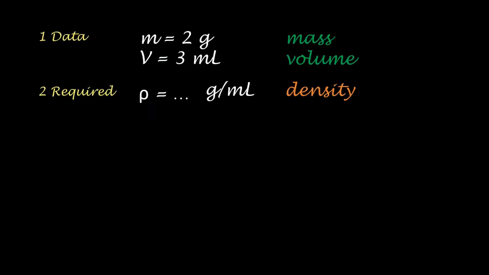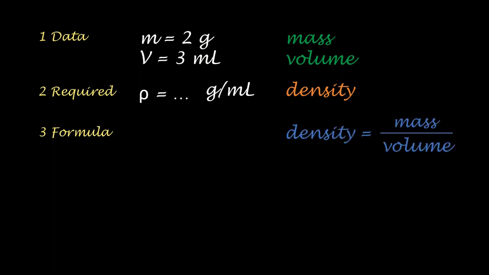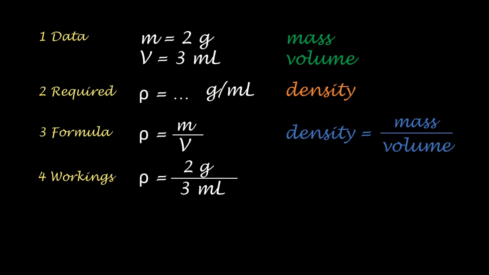Alright, next step is, do you remember? Formula, and the formula for density is mass over volume, so rho equals m over V. For rho equals, instead of m, we write down 2 grams, and instead of V, we write down 3 milliliters.